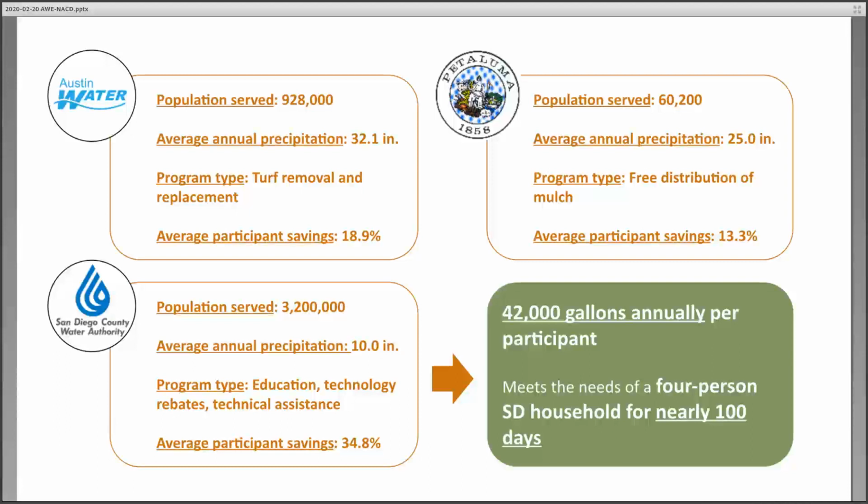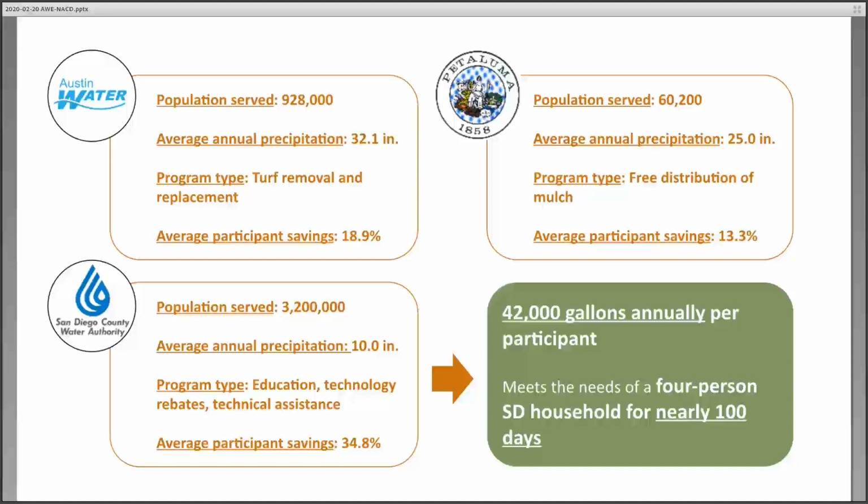So here are a few examples from our case studies of the savings in different types of programs. Austin Water had a turf removal program, and their customers saved an average of nearly 19%, which was very significant. And then over to the right, Petaluma was one of the communities that had mulch distribution.